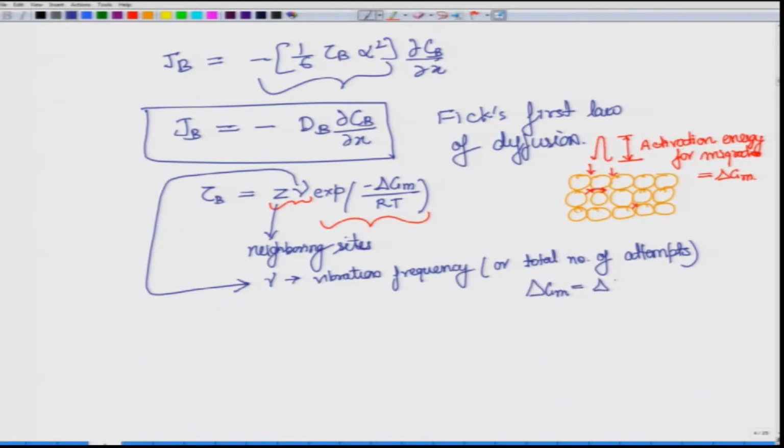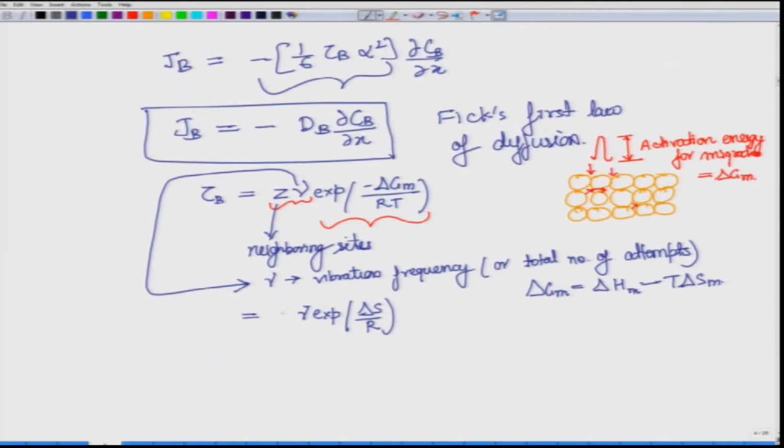Now, if we expand delta g m equal to delta h m minus T delta s m, we can put together the thermal component and the athermal component separately, and therefore we will have something like this.